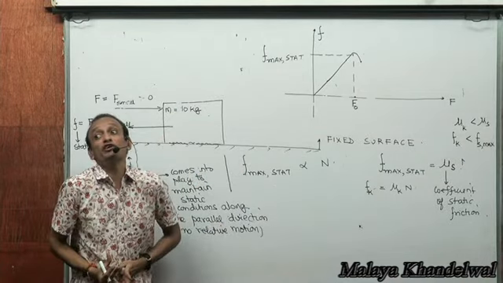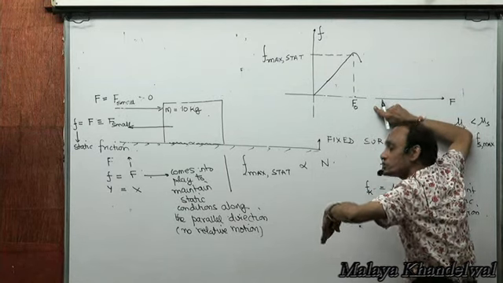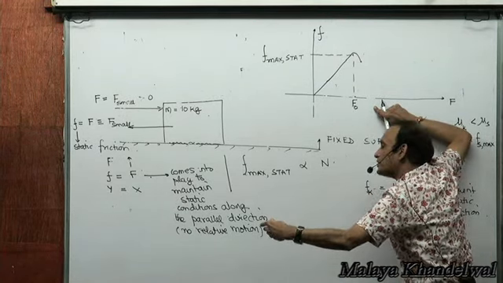What's the new character of friction? Kinetic friction. Up to this point, it was static friction. Up to a value of externally applied force F0, it was static friction that prevailed. Further increase in capital F causes relative motion to commence, and the new value of frictional force will be kinetic friction, which will be less than maximum static friction.